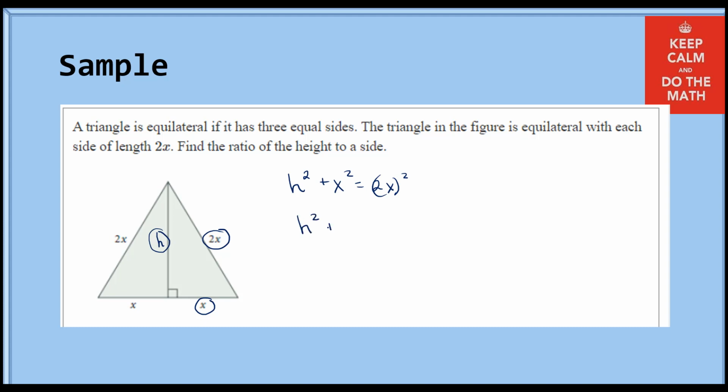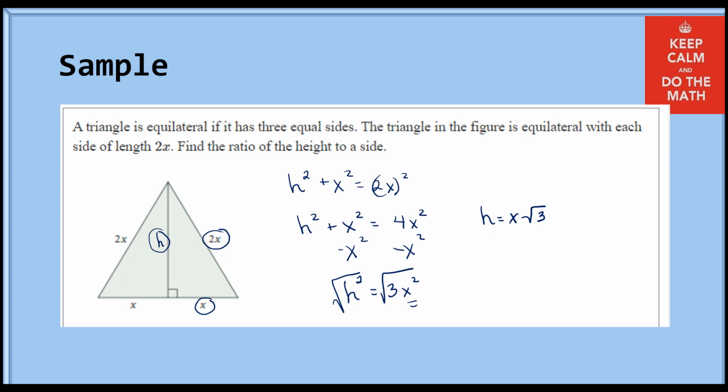I'm going to keep following the problem. (2x) squared is 4x squared. I'm going to subtract x squared from both sides. Those are like terms, so my missing height squared is equal to 3x squared. Take the square root of both sides, and I get my height is equal to the square root of 3x squared. Now you'll notice x squared is a perfect square, so the square root of x squared is x.